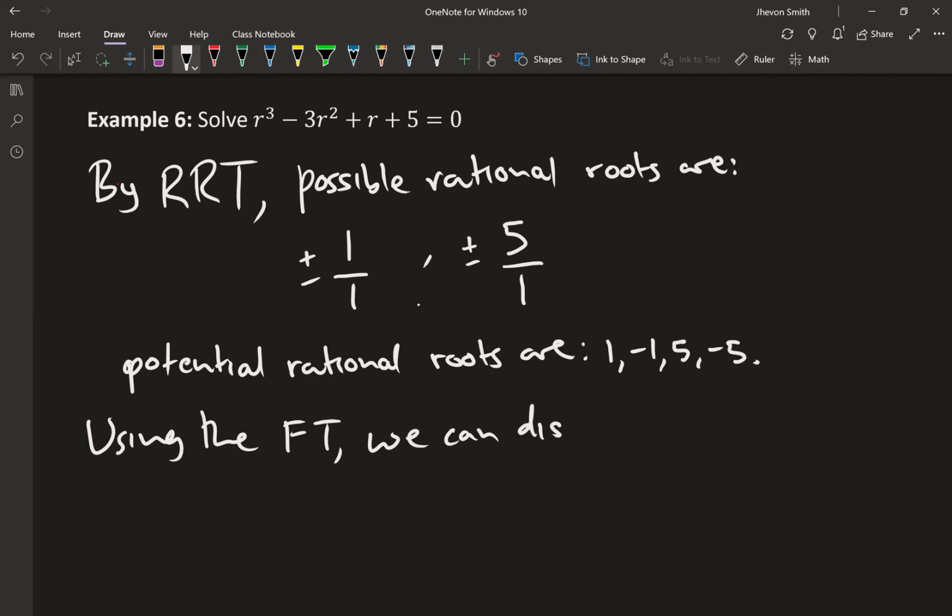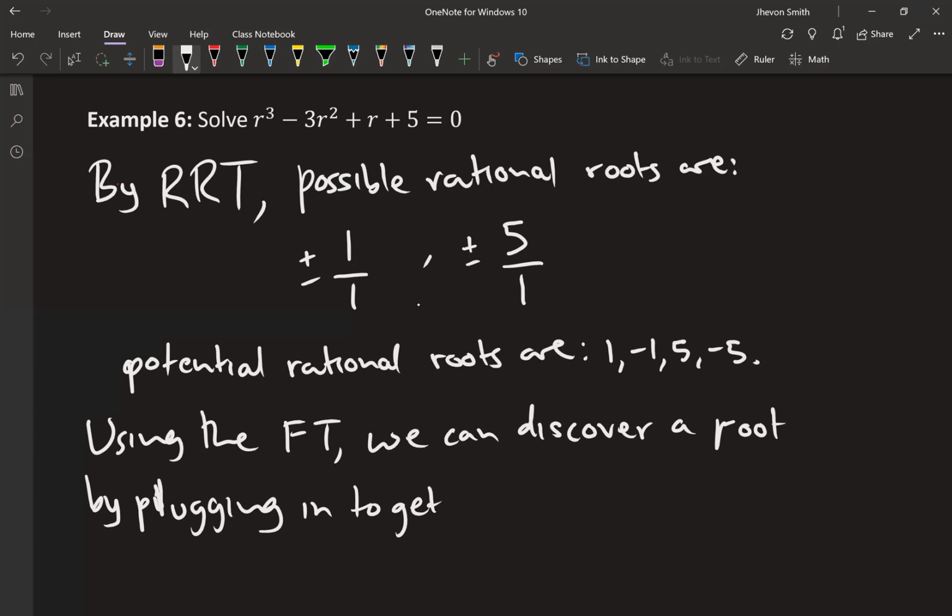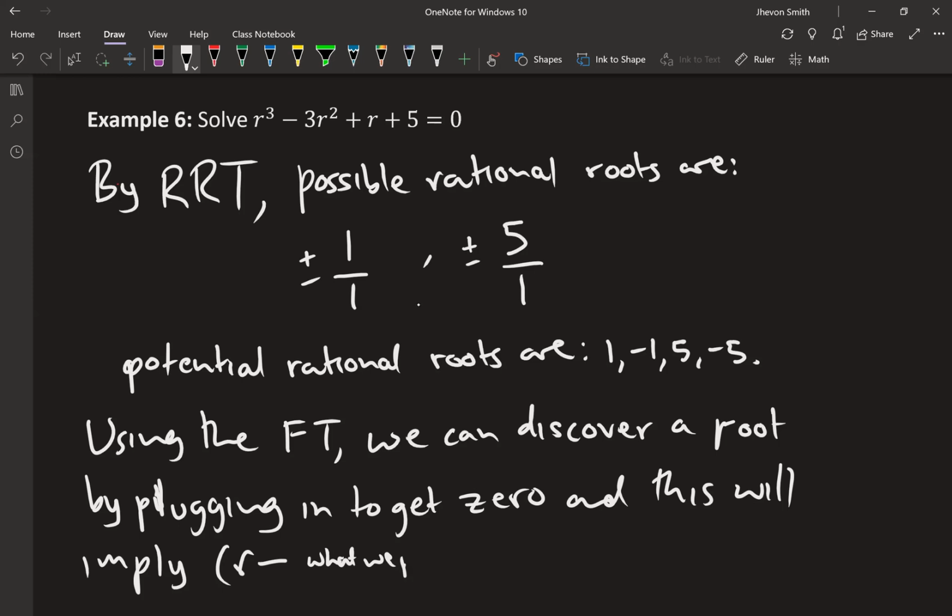we can discover a root by plugging in to get 0, and this will imply r minus what we plugged in is a factor.